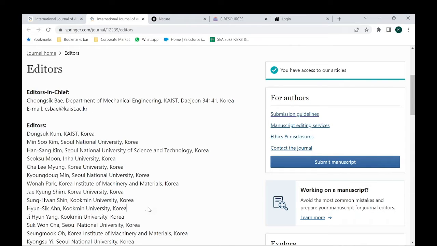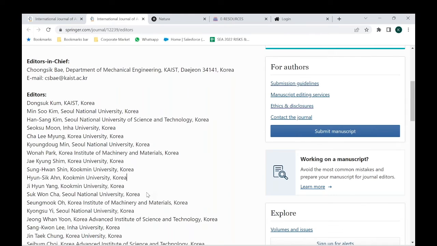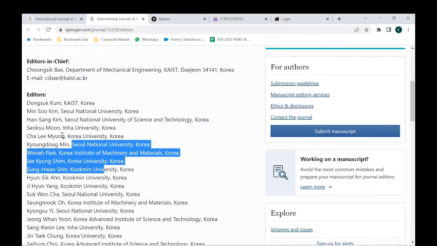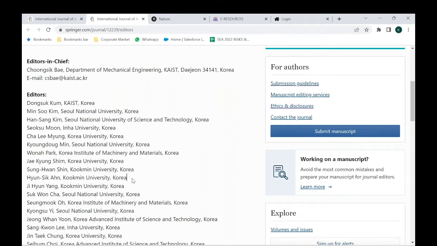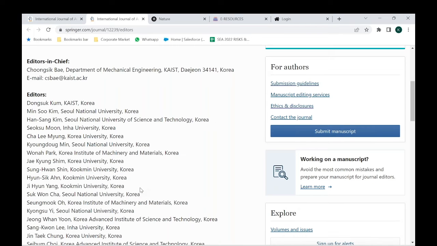These names are usually experts from around the world, or in this case, because it's a very Korean-based journal, you can see lots of very prominent names from academic institutions, research institutions, or even global or international organizations where these names often come up.